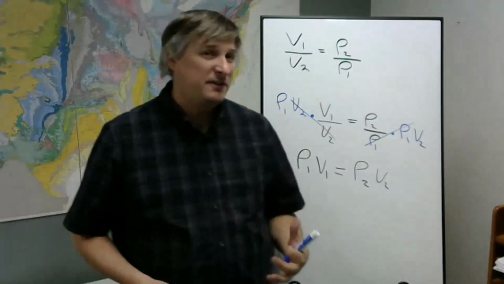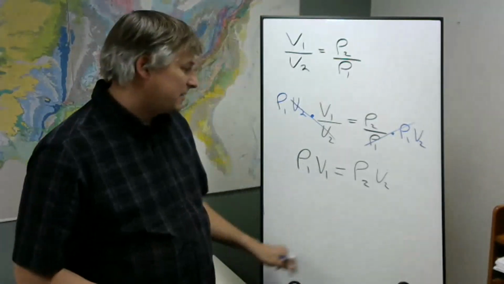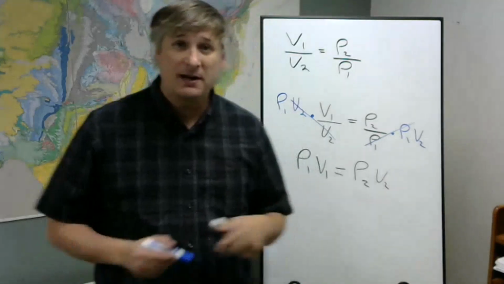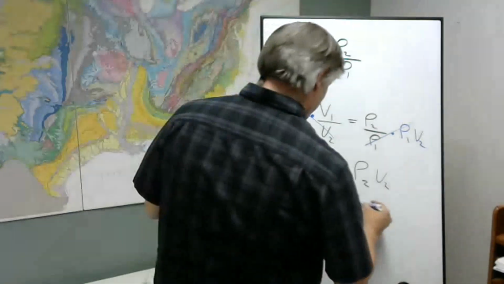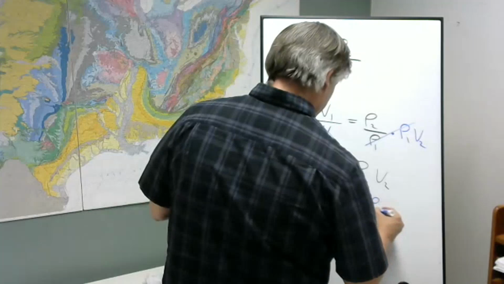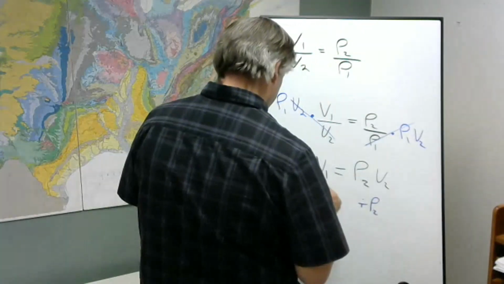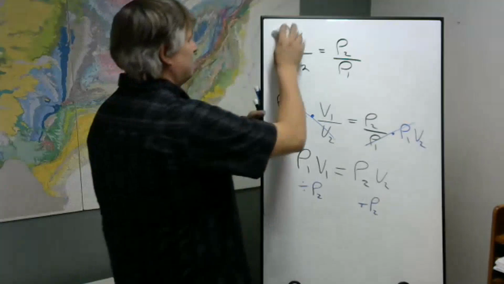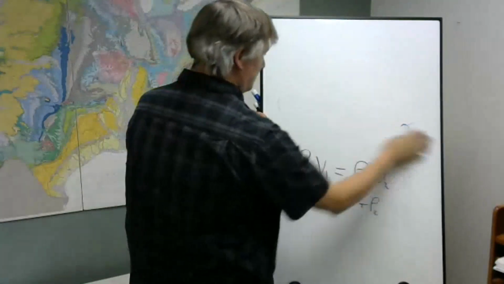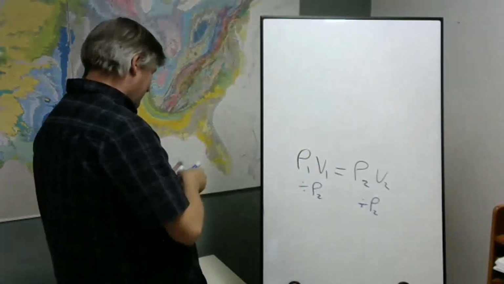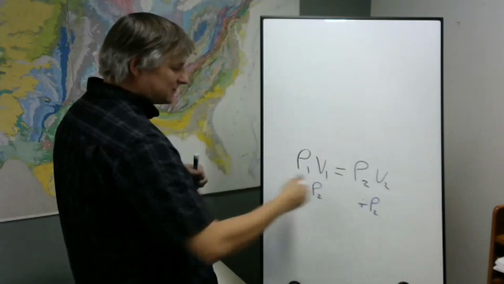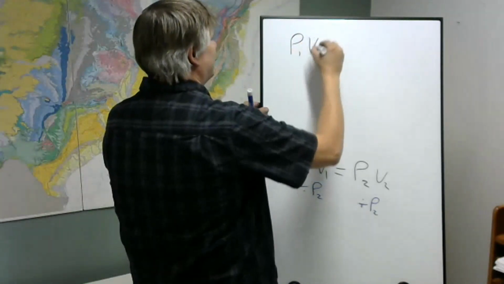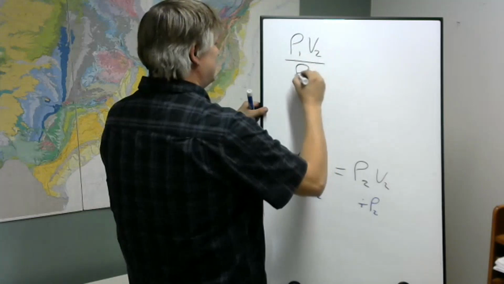So we want to solve for V2. We want to get it by itself. Now it's multiplied by a P2, so we do the opposite of multiplying, we divide. And since we're dividing the entire side by P2, we'll just have this entire side divided by P2.